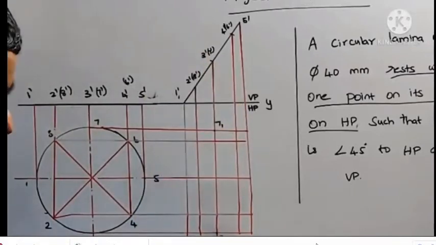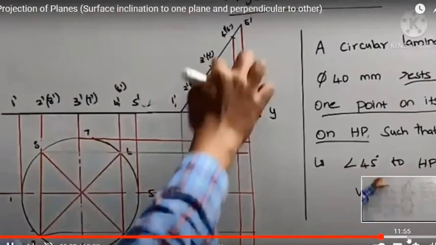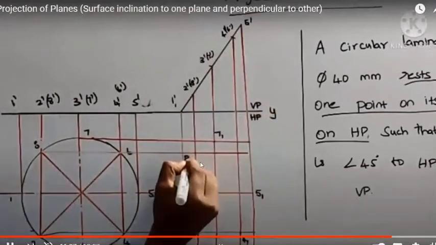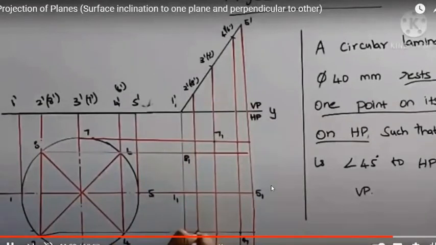Similarly, I will identify all the corresponding points. If you do that, I'll finally get all the 8 points based on the intersection.